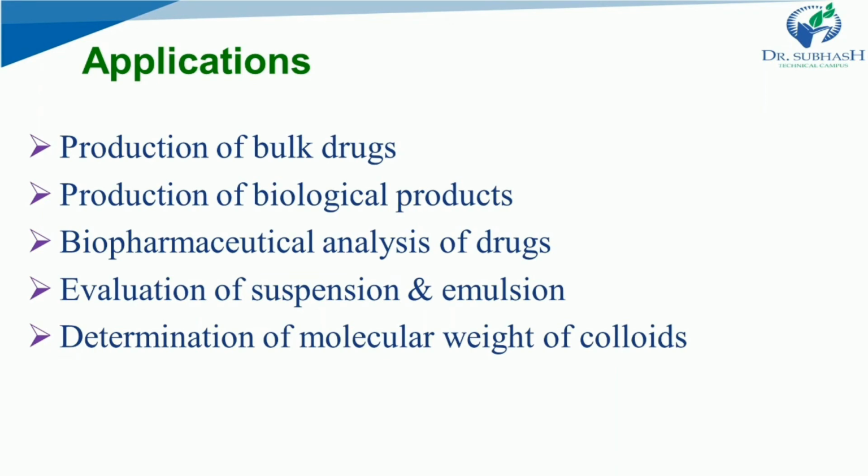For example, insulin is a monodispersed protein composed of two polypeptide chains, whereas gelatin is found to be a polydispersed protein with fractions of molecular weight from 10,000 to 1 lakh, right? So basically you can determine the molecular weight of colloids using centrifugation.